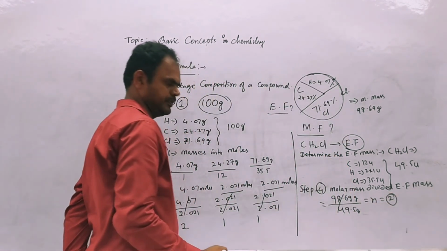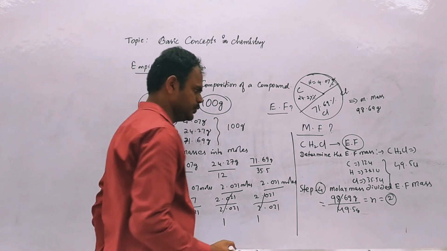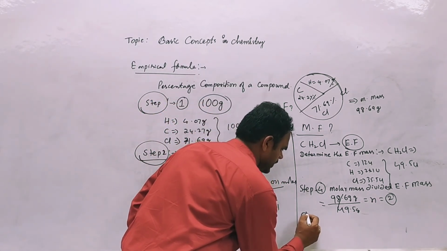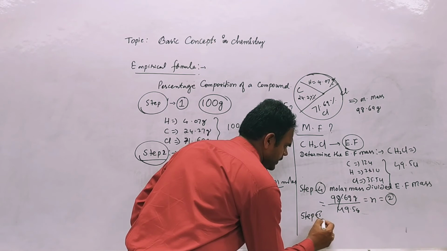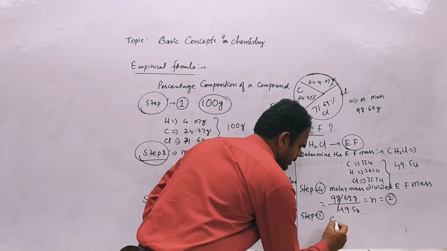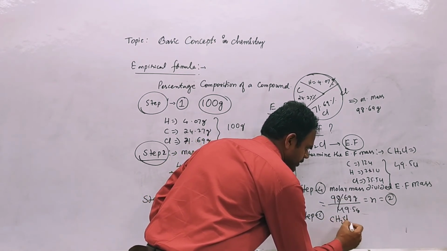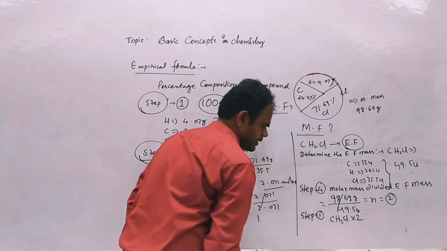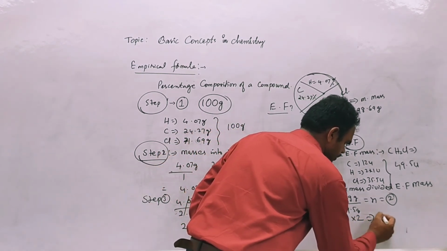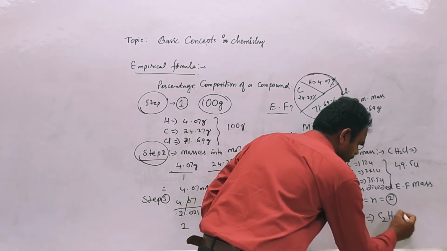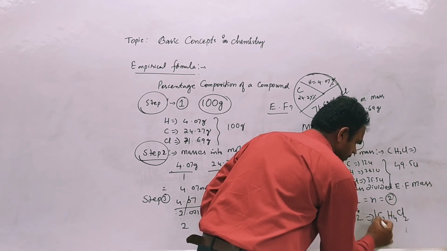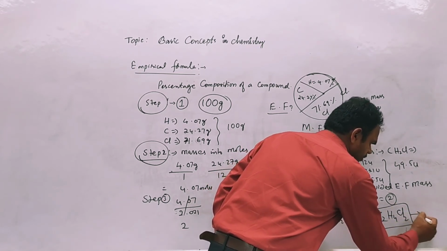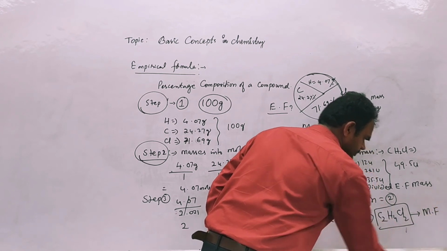In step 5, multiply the empirical formula by the integer 2. Then this is equal to C2H4Cl2, the molecular formula we got.